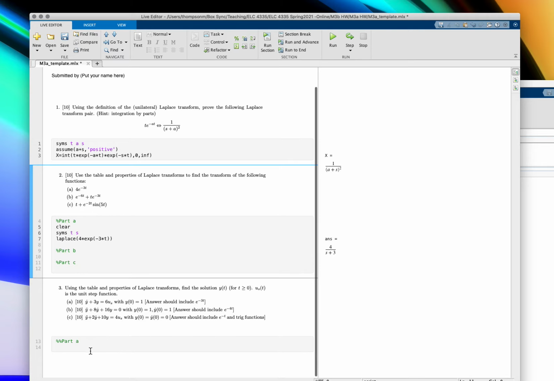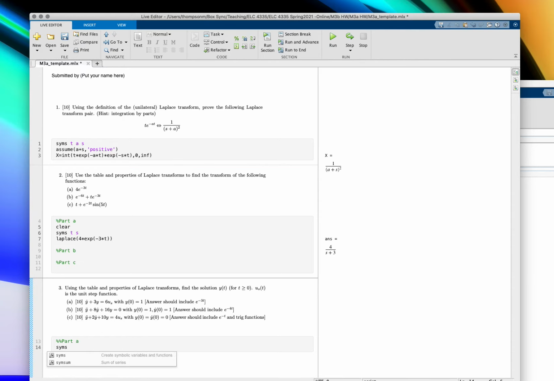All right, so let's move on down to part A of the next part. Again, we're going to clear everything so that we get a fresh start and one part can't corrupt the results from another.